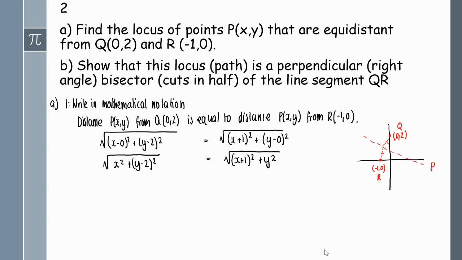I think this is the path that my particle is going to travel along, a straight line directly between these 2 points. Okay, so now I have to rearrange the formula that I have into the equation of a line. Like we did in the last example, first I'm going to square both sides.